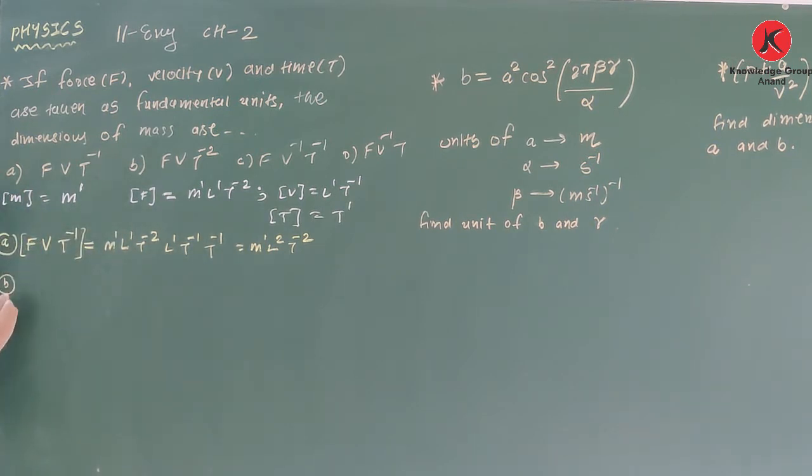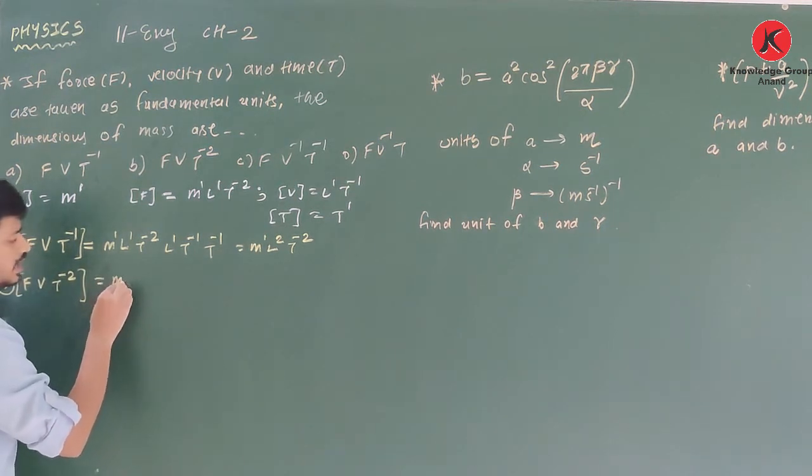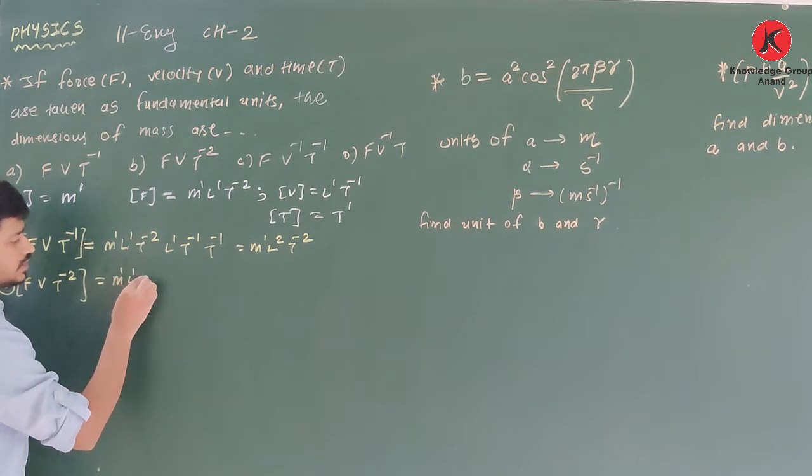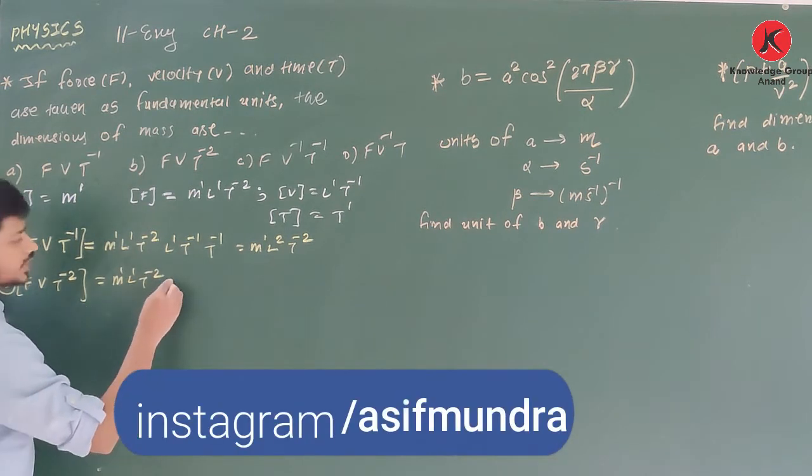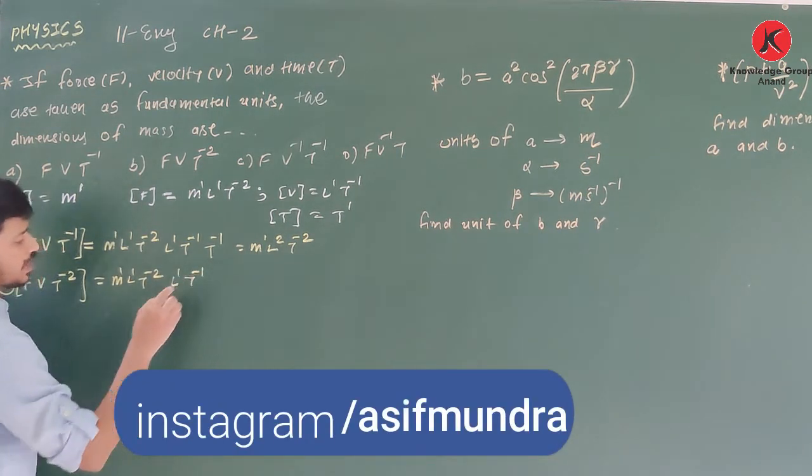So now we have to check option B, that is F, V, T minus 2. What is the dimensional formula of F, V, T minus 2? F is M1 L1 T minus 2. For velocity it is L1 T minus 1.